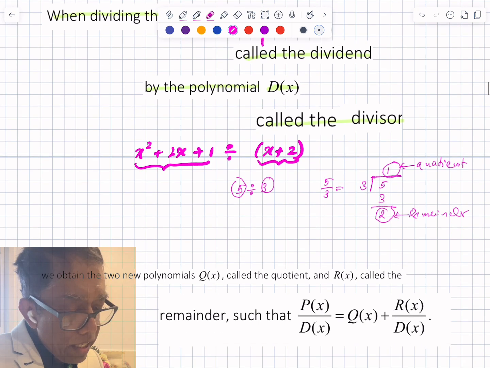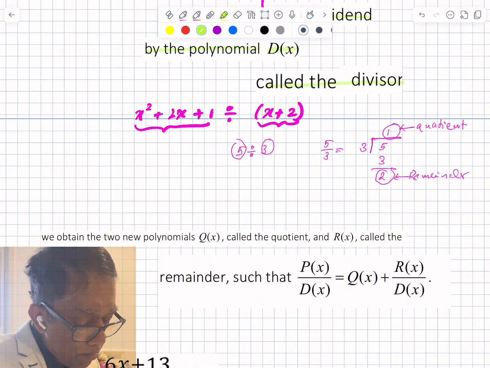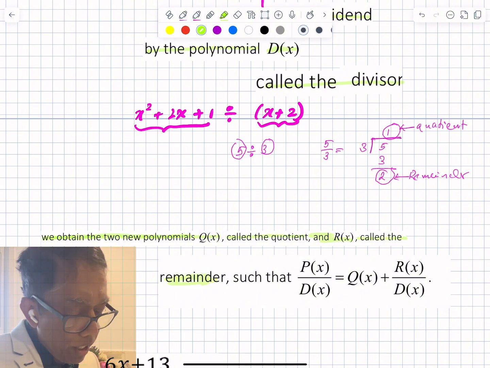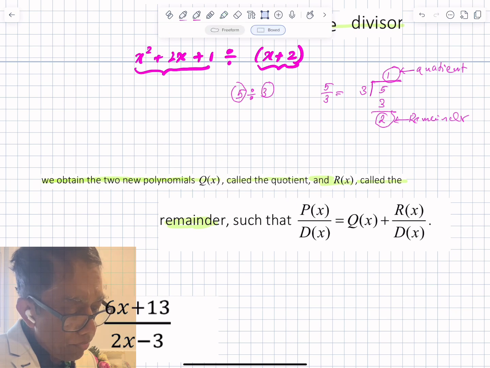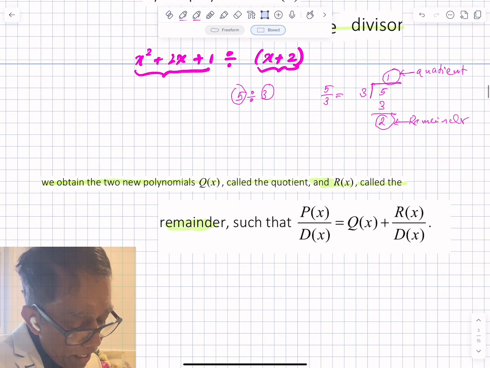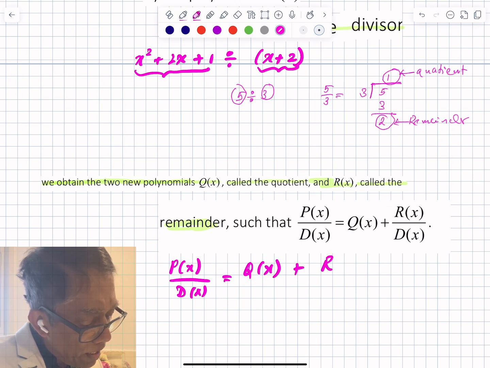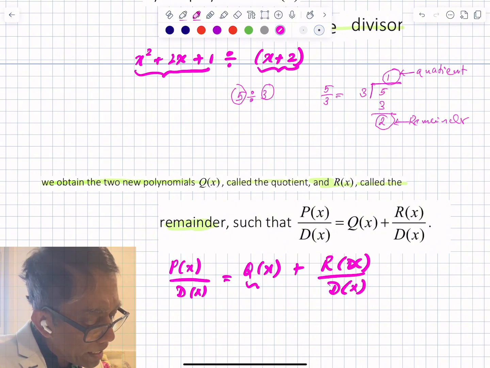Now, when we divide a polynomial by another polynomial, we obtain two new polynomials, q(x) and r(x). q(x) is called the quotient and r(x) is called the remainder. Actually, this can be written as p(x) divided by d(x) equals q(x) plus r(x) over d(x), where q(x) is the quotient and r(x) is the remainder.